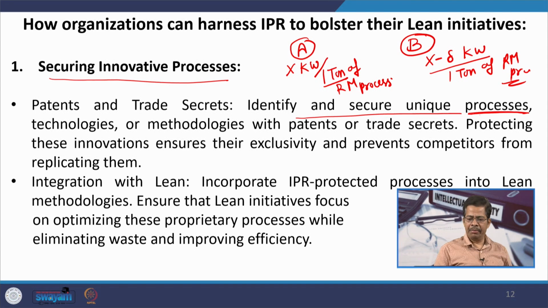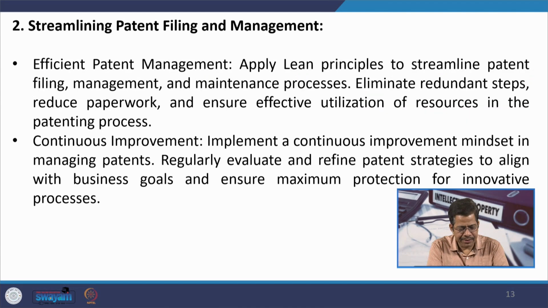Now, because of my process innovations, I am able to consume less energy and produce a similar kind of output. This is my innovation in processing. So, this innovation in processing itself can be protected. That is one type of activity where whatever you are doing in lean has scope for IP protection.